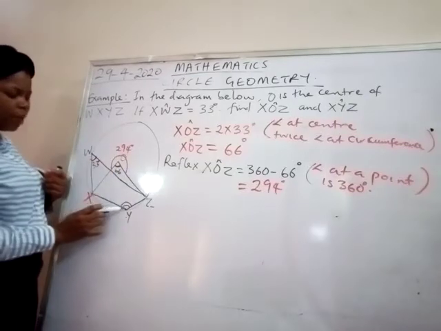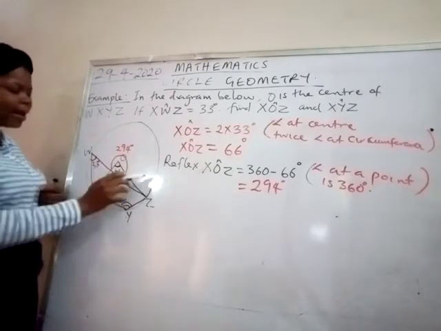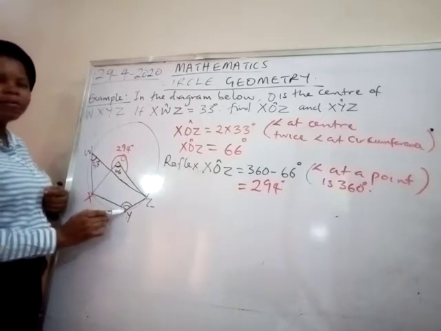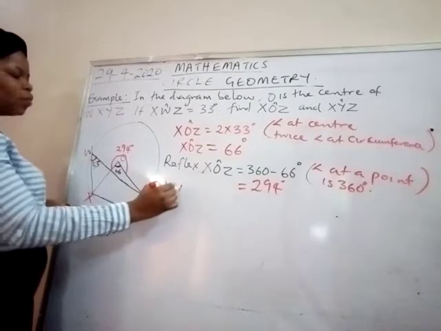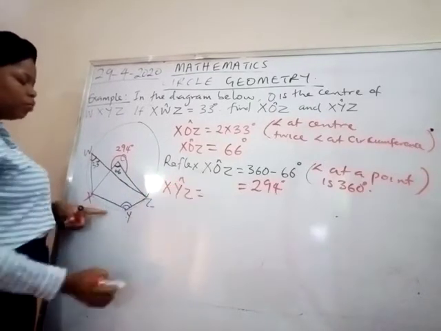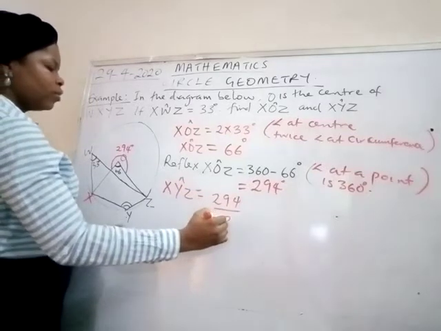So for me to get this is now easy, because I know the big arc subtends to this circumference. So I'm going to write that my XYZ is going to be 294 divided by 2.